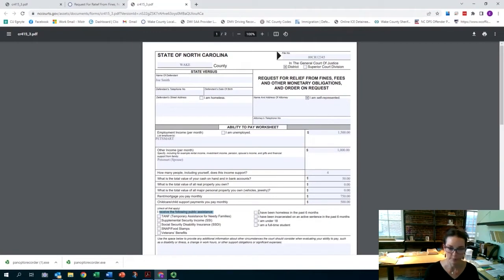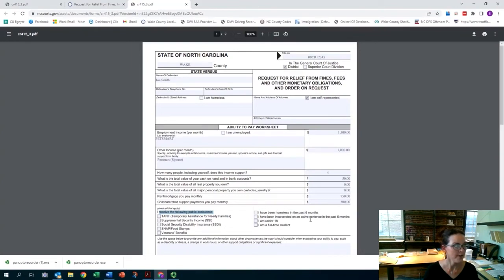In the next column, you have a series of statements. If any of these apply to you, then check them. First one is, I have been homeless in the past 6 months. Second is, I have been incarcerated on an active sentence in the past 6 months. Third is, I am under 18. And fourth is, I am a full-time student.